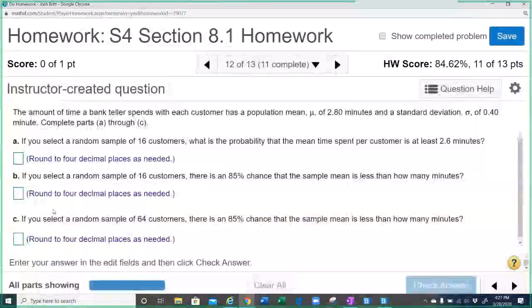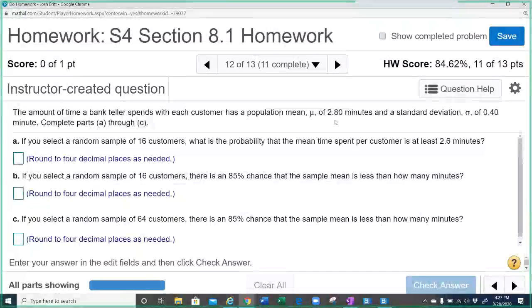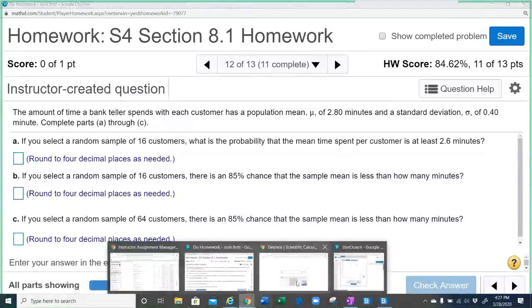All right, so this time we got a bank teller, time spent with each customer has a population mean of 2.8 minutes, standard deviation of 0.4. So if you select a random sample of 16 customers, so here's our sample size. So again, got to get standard deviation, which will be 0.4 divided by the square root of 16.